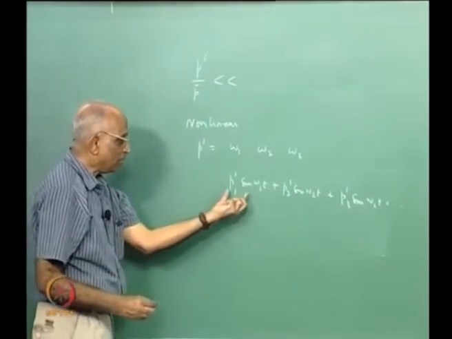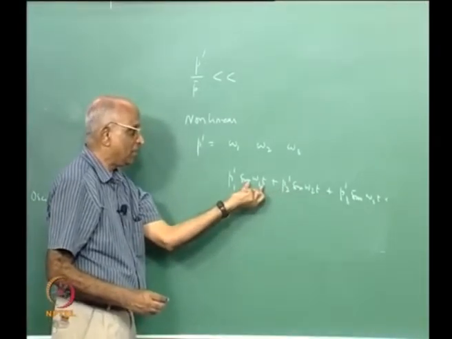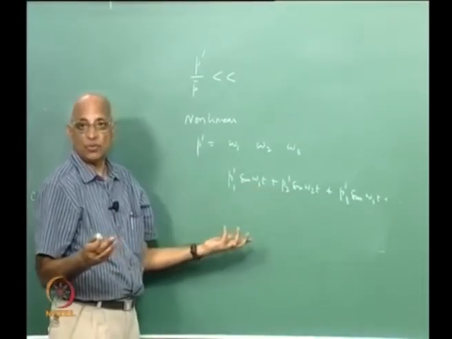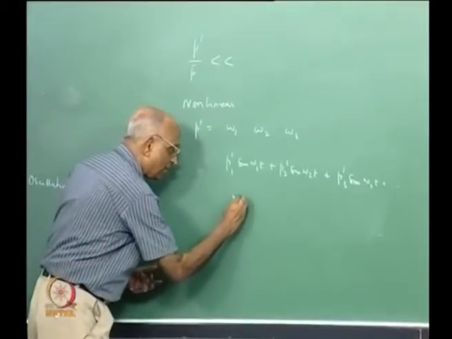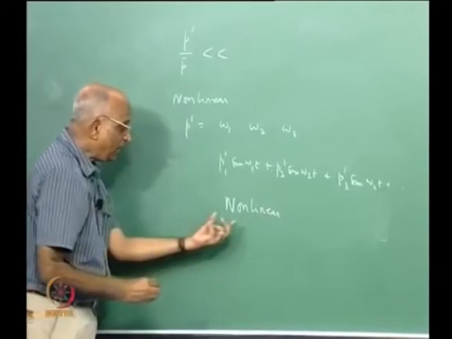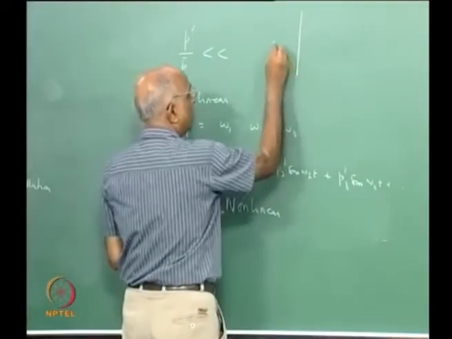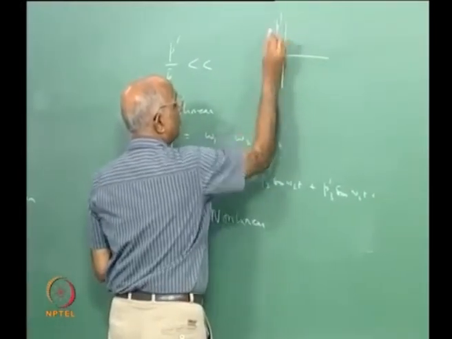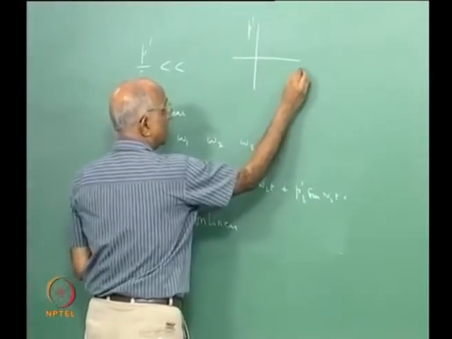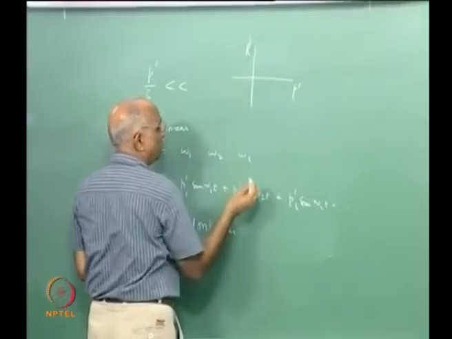But when it becomes non-linear, the frequency here could interact with the frequency here and I could get a new set of processes. That means the wave interaction could still happen in a non-linear mode. Supposing I say this is my pressure perturbation over here, and this is my response, and how do I define response?